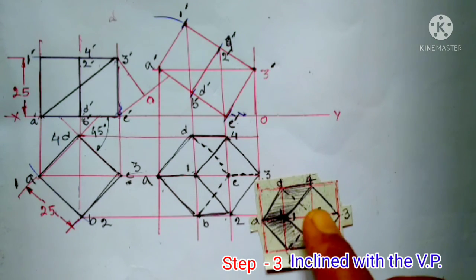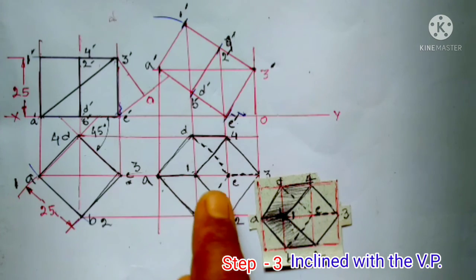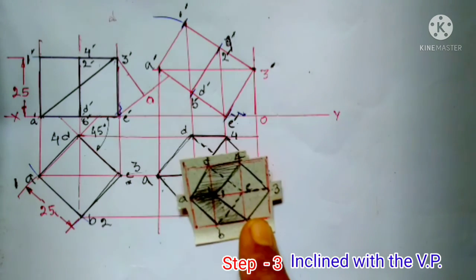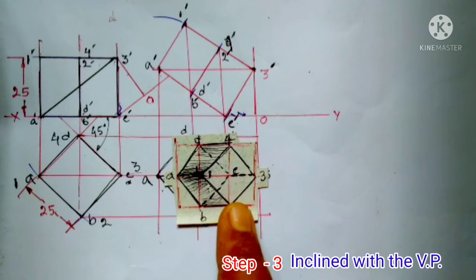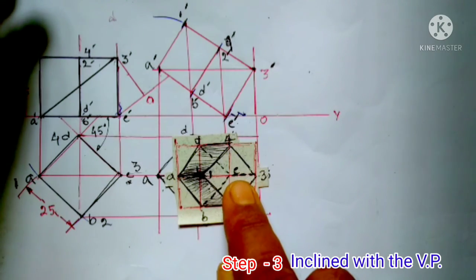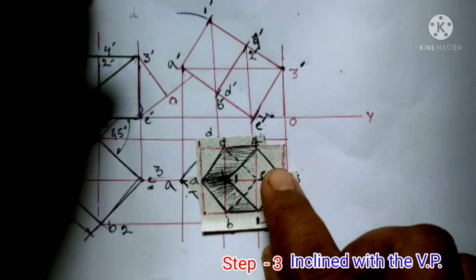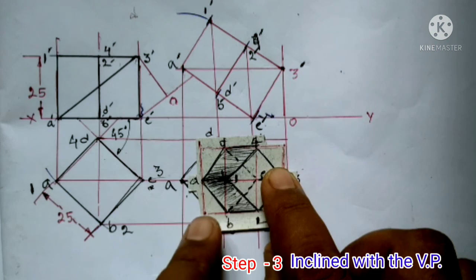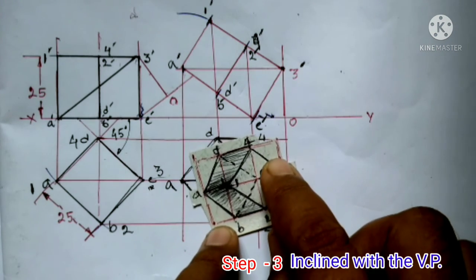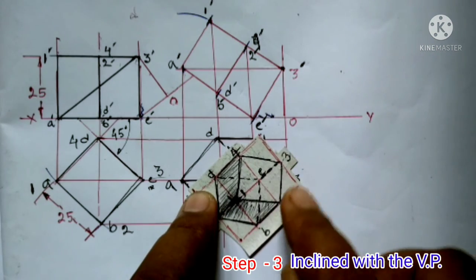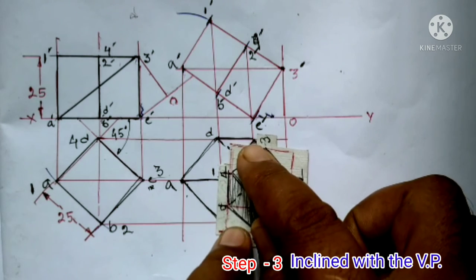On another piece of paper, I have drawn the top view to clearly understand the inclination with the vertical plane. Use the point C as a center. I will rotate the top view at an angle 90 degree along with this XY line.